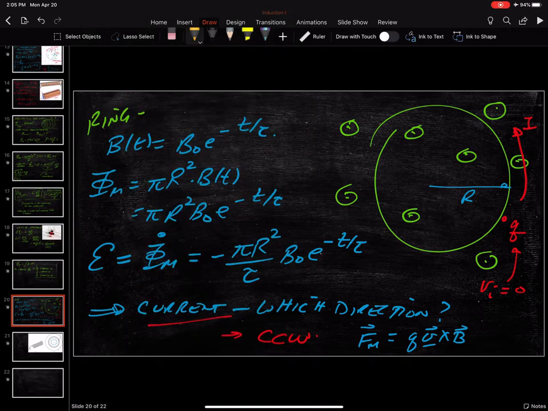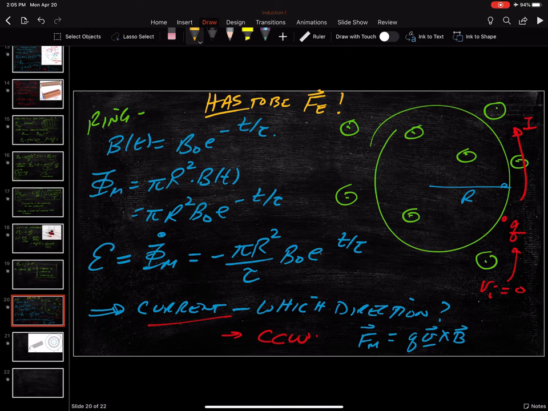Okay. And what's the only other force that'll make charges move? Forgetting about gravity. Gravity's not going to make things go around in a circle like this. The only other force which can exist is an electric force. Has to be. There's got to be an electric force which is acting on these charges.